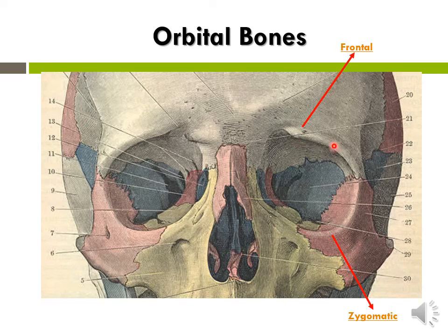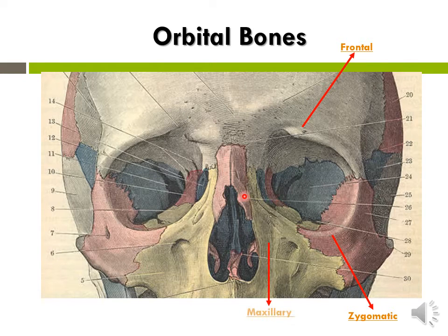So the frontal is connecting with the zygomatic at the lateral margin. Now you can see a bone here, a yellow colored bone here, another pink bone here and a blue colored bone here. We will see what those are.